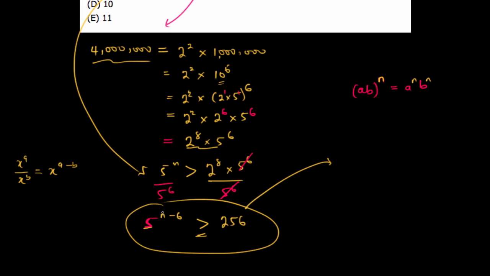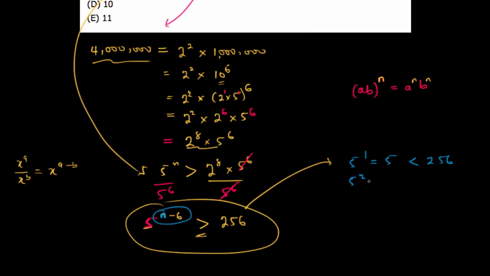When the power is 1, you have 5 to the power 1, which is 5, and that is less than 256. We need the one that is greater than 256, so this doesn't work.